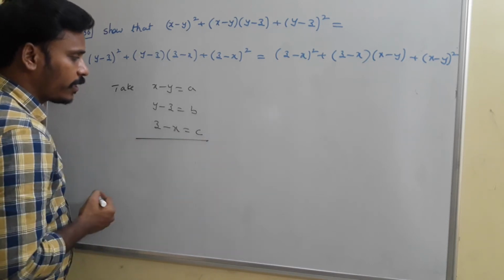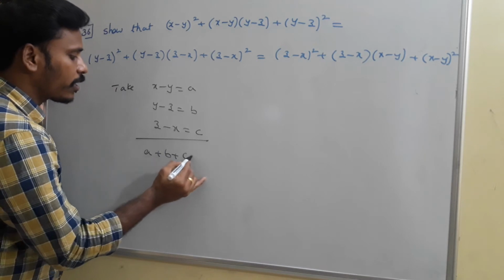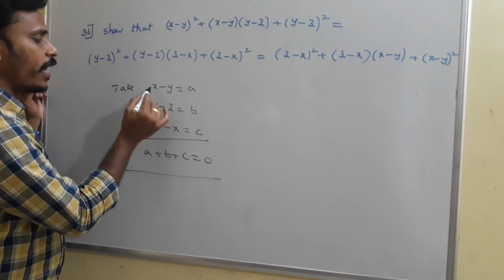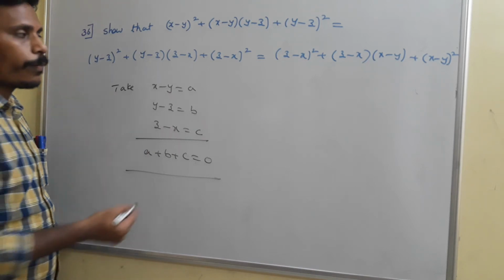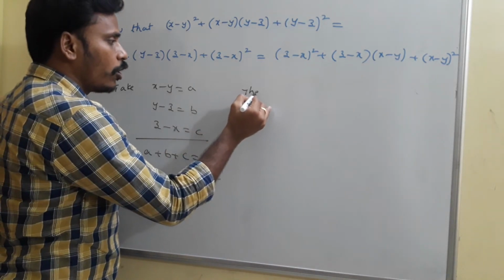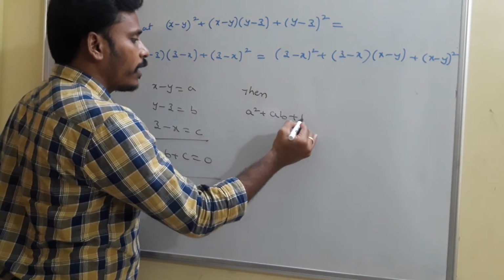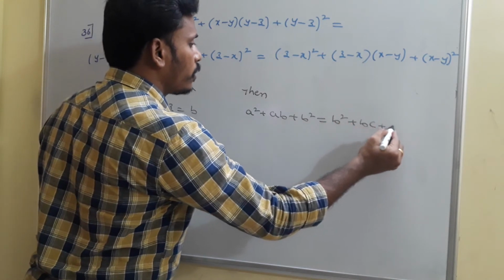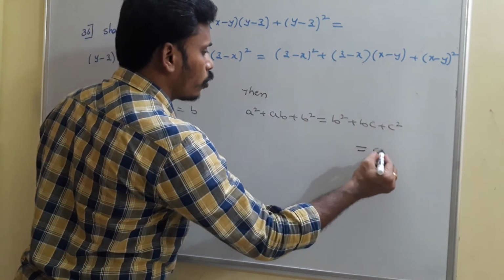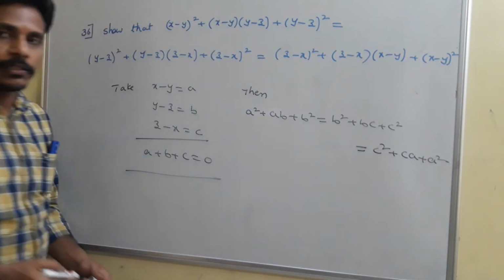If you consider like that, then if you add a, b, c, that a plus b plus c is clearly 0, because x cancels, y cancels, z cancels. And since a plus b plus c is 0, as we discussed in 35, a square plus ab plus b square is equal to b square plus bc plus c square is equal to c square plus ca plus a square. That's what we have in our hands.